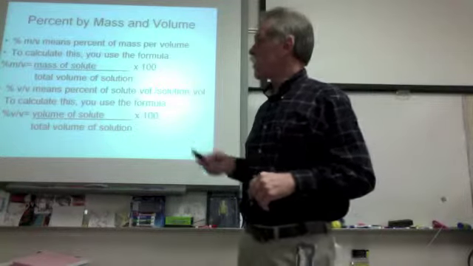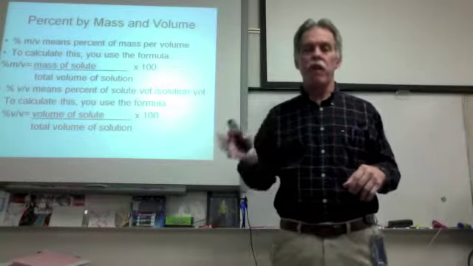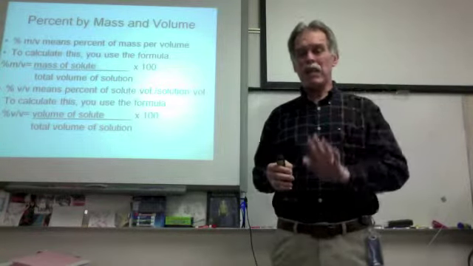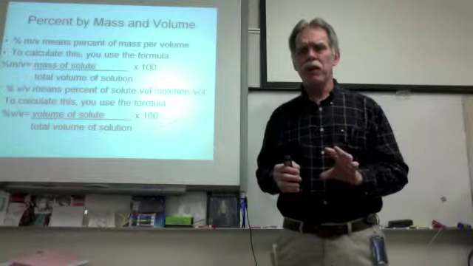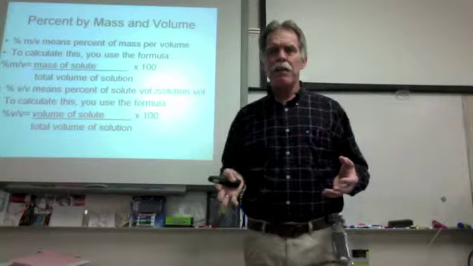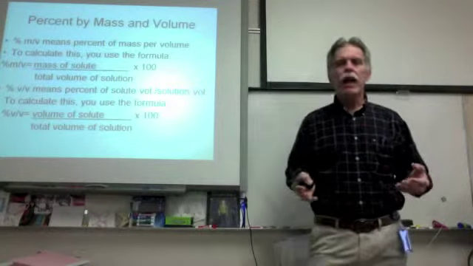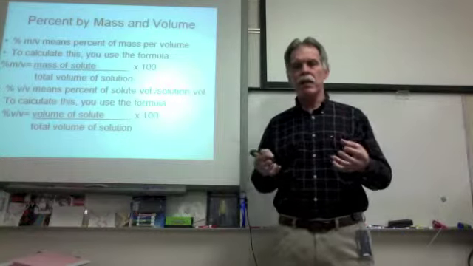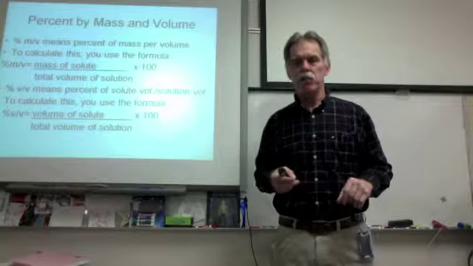We'll start out by talking about percent by mass and percent by volume. They're both basically the same. And one of the hard parts about the problems in this chapter, not that they're hard mathematically, is that there are about 8 or 9 types of problems. And you need to know what type of problem it is that you're working with when you see a word problem that you're reading.